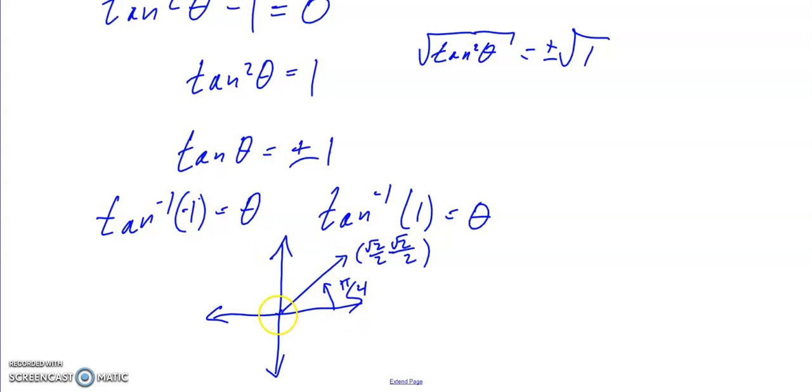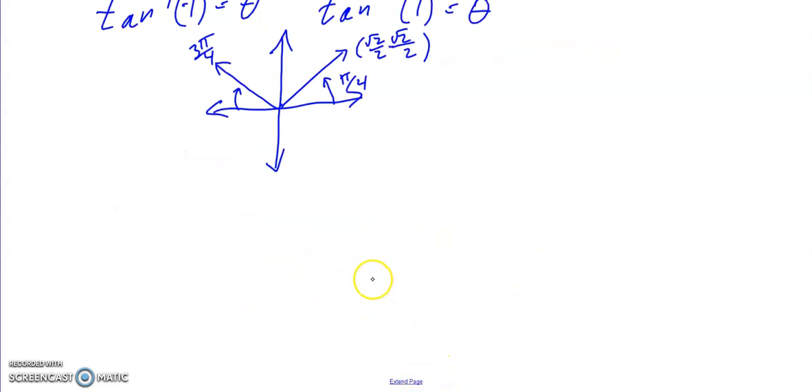Well, it's -1 on this side with my reference angle of pi over 4, which would make this 3 pi over 4 because tangent is negative in this quadrant. Now what we're going to find is it's these two values, but we keep adding pi. Tangent is on an interval of pi instead of 2 pi.